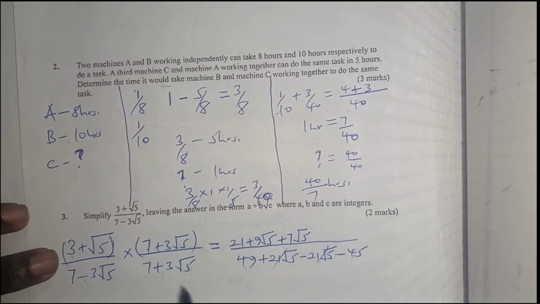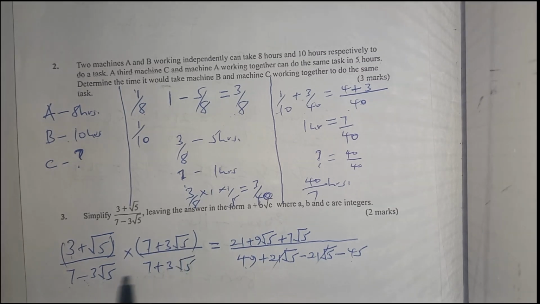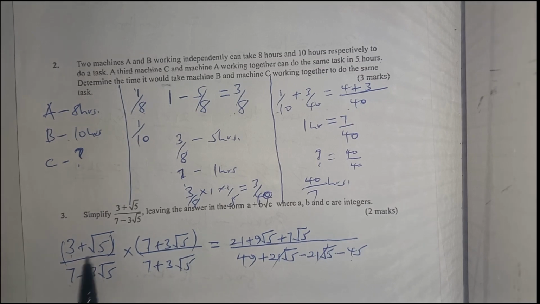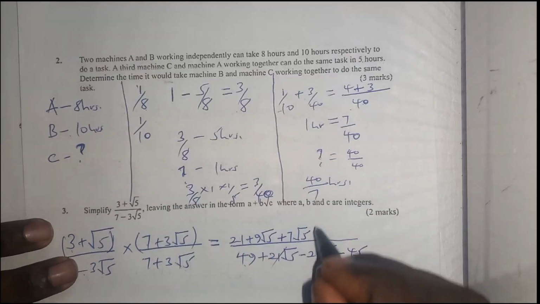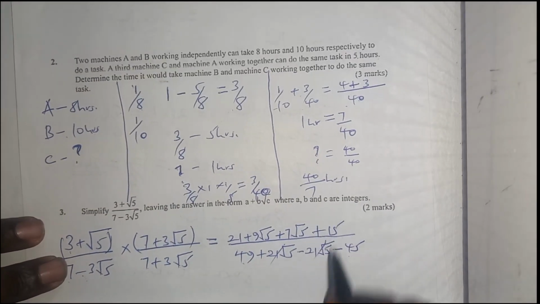Then root 5 multiplied by plus 3 root 5 is going to be 3 multiplied by root 5 by root 5, which is 5. So it's going to be plus 15.